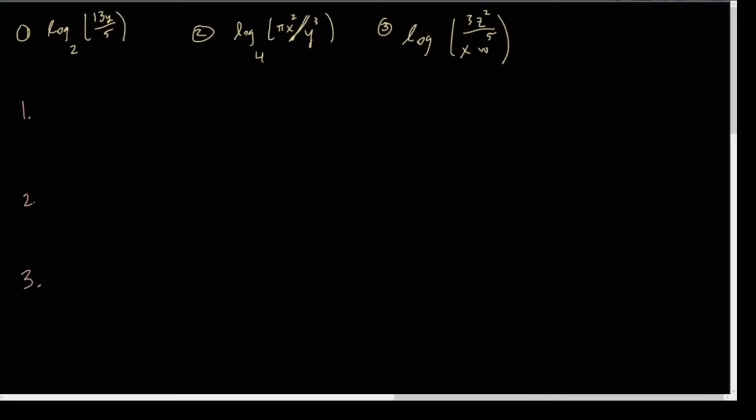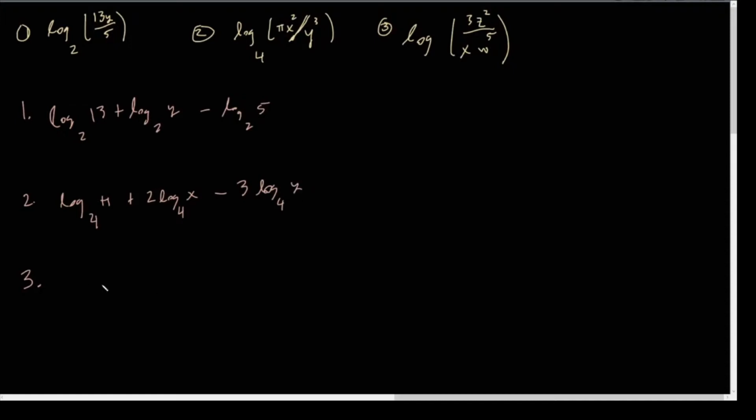So number 1 becomes log base 2 of 13 plus log base 2 of y minus log base 2 of 5. Number 2 becomes log base 4 of pi plus 2 log base 4 of x minus 3 log base 4 of y.